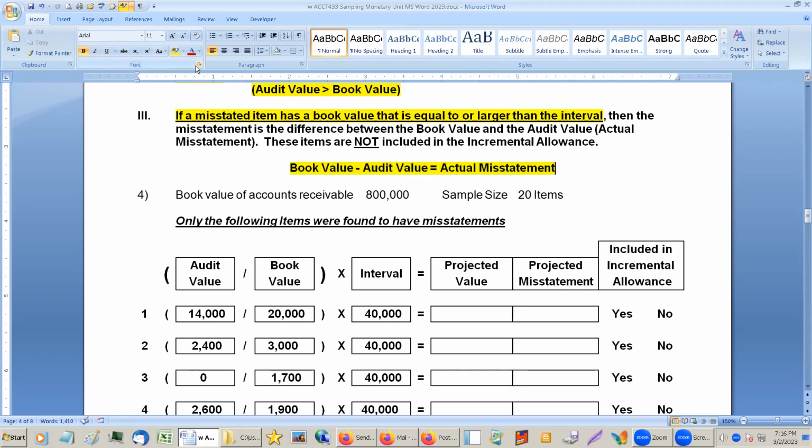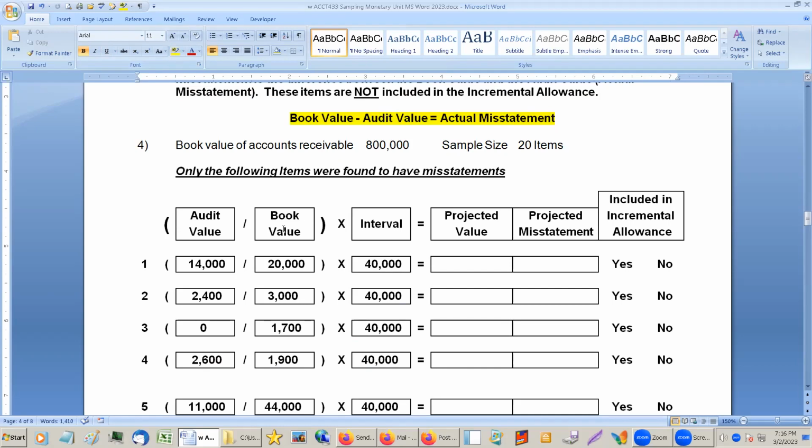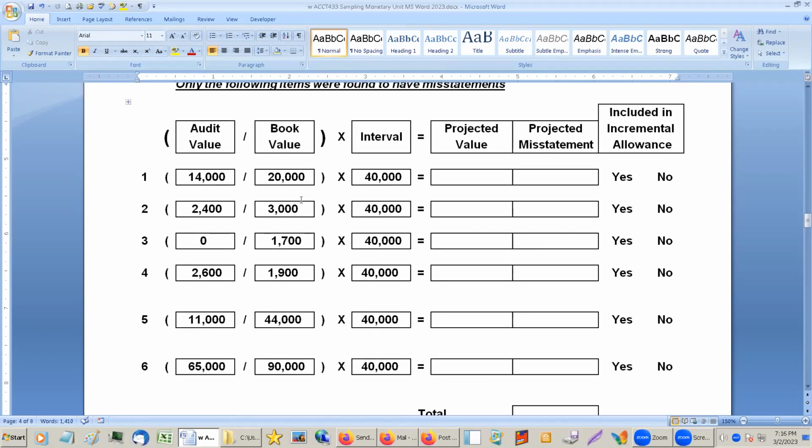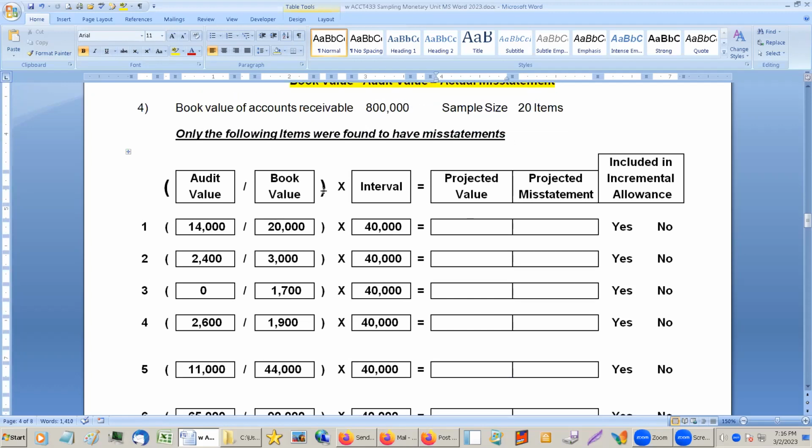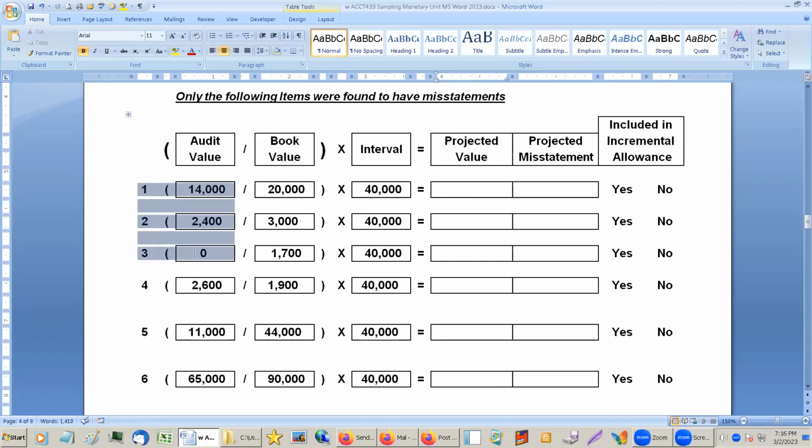So let's go ahead and get started here. We'll go through these. The first four are pretty straightforward. These are like we normally see. The first three here are kind of what we're used to. You know, we do the ratio, audit divided by book, times the interval, look at a projected value.